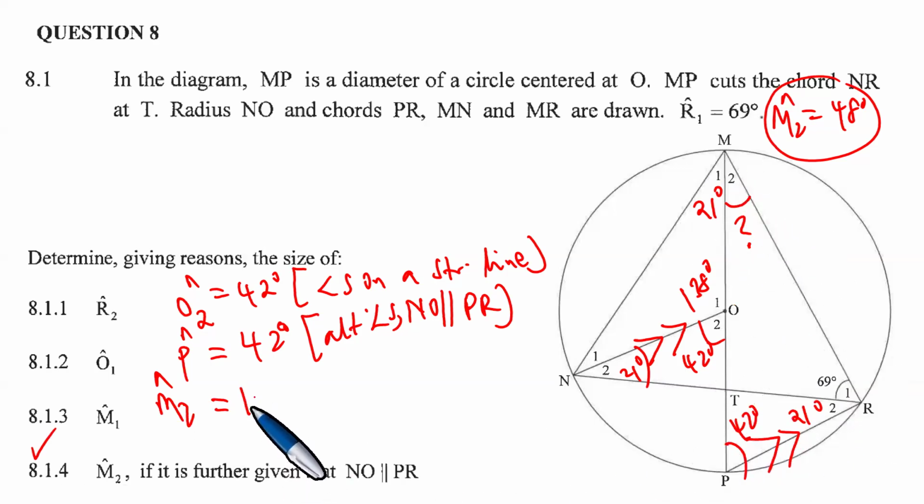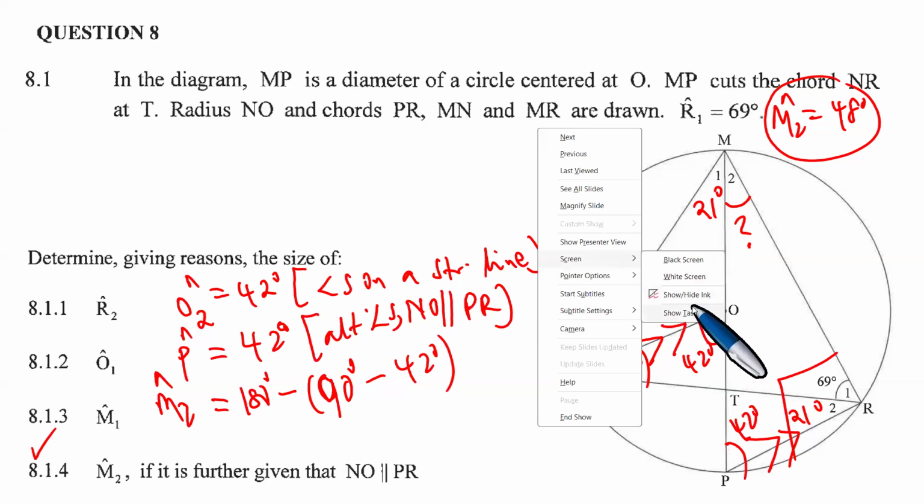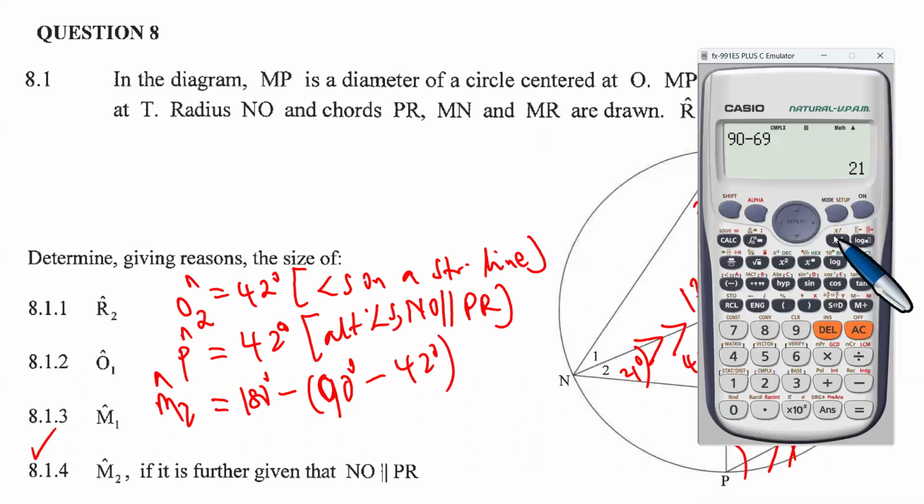Therefore, it's 180 degrees minus 90 degrees minus 42 degrees. When I use the calculator, I got 48. You can cross-check right now and see if that gives us the same result. So 180 minus 90, minus 42 degrees.